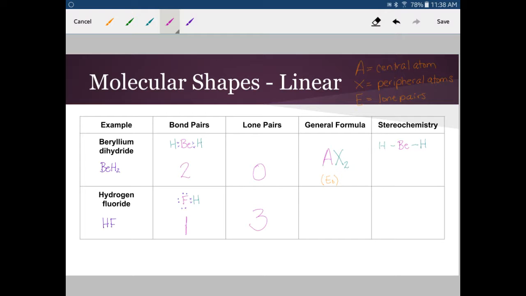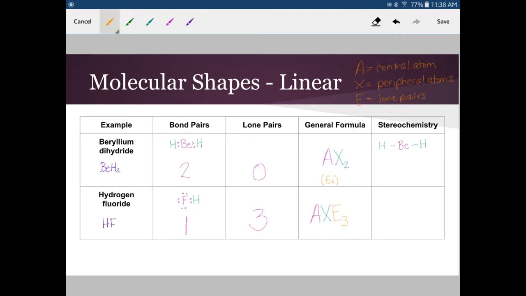So when I go to write out this general formula, I have a single X, only 1, so I only need to write 1 down. I don't need to put the subscript there. E, and I have 3 lone pairs, so I have AXE3.